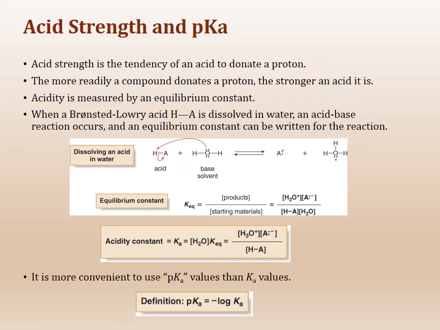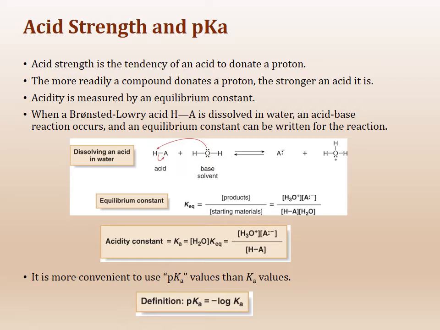And really for an acid-base reaction, the important thing is that the conjugate acid and the conjugate base that are produced will be weaker conjugate acids and weaker conjugate bases than the starting material. That is the driving force of the reaction. And so that's how we know that an acid-base reaction is taking place. So again, an acid-base reaction takes place only when the products are a weaker conjugate acid and a weaker conjugate base.